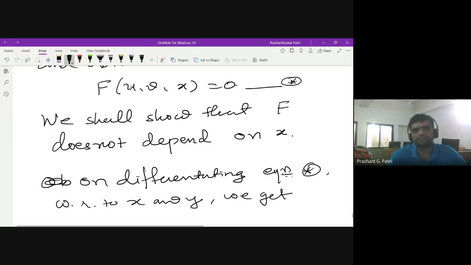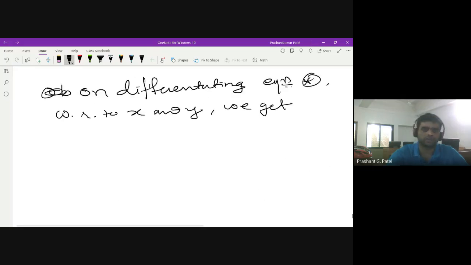Here F is a function of three variables u, v, and x, and u and v are also functions of x and y.